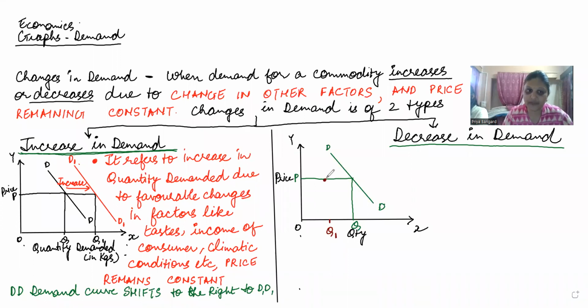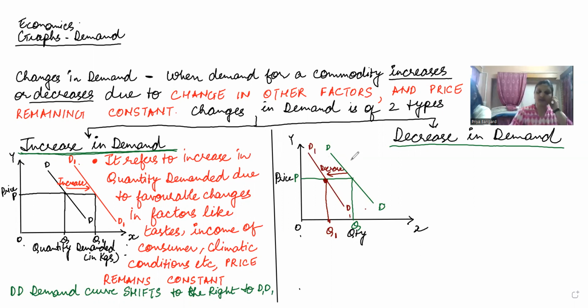So we find a point here, Q1, and the new demand curve. So this is D1, D1. नया demand curve D1, D1, and the shift is leftward shift. और increase की बजाय इसको हम बोलते हैं decrease.